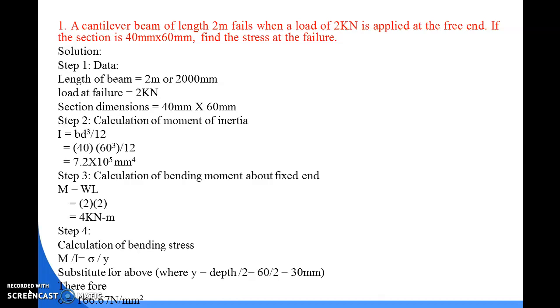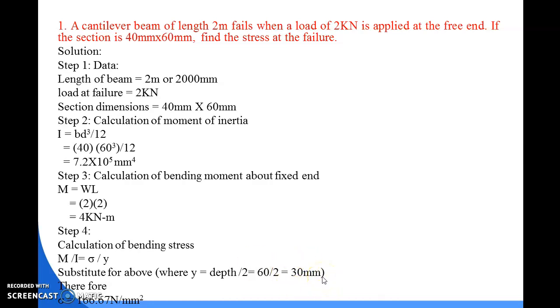Hence, according to the bending equation, we know that M by I is equal to sigma by Y. Here, the value of Y we can calculate with the help of depth by 2. As it is a rectangular section, the neutral axis lies at the mid of the depth. Hence, the depth of the section is 60 and half of the depth will be 30 mm.